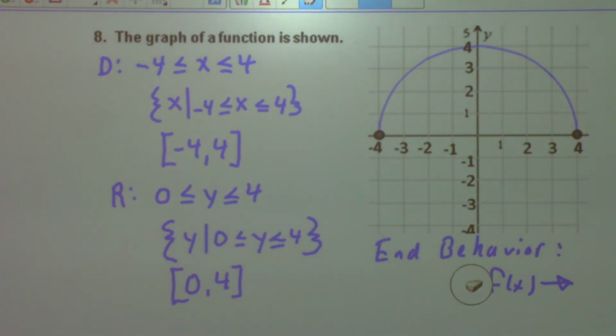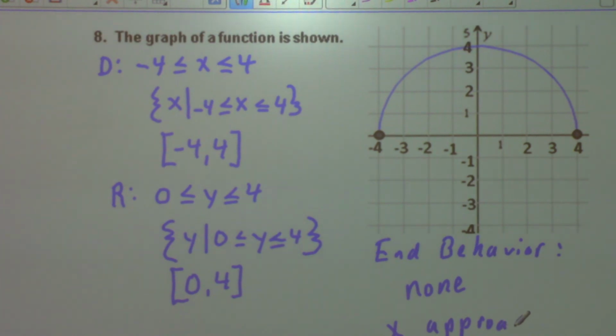No. So the answer to this question is end behavior, there is none. x approaches neither infinity nor negative infinity. Okay? So that would be a way of saying that.